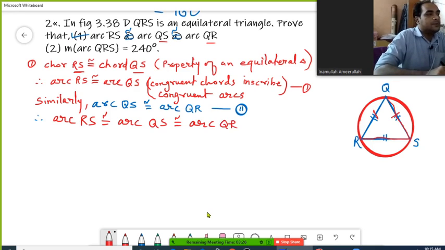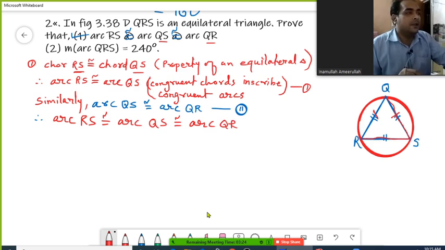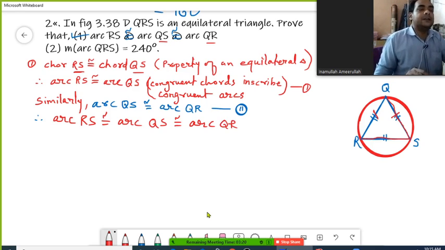So this way all three arcs are congruent, because all three arcs are inscribed by congruent chords, and those congruent chords are three sides of an equilateral triangle, that is QR, RS and QS. These are three congruent chords which we are taking in our solution. So if chords are congruent, then the arcs made by those congruent chords will also be congruent. So this property we have discussed. So we can use this property to prove this first part of the question.